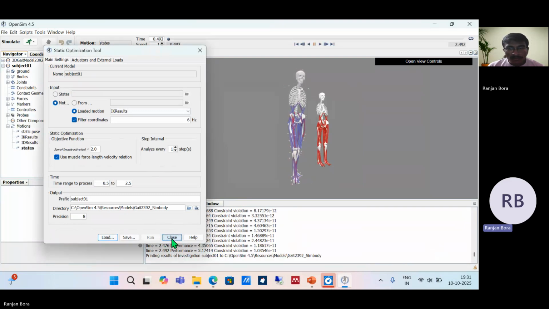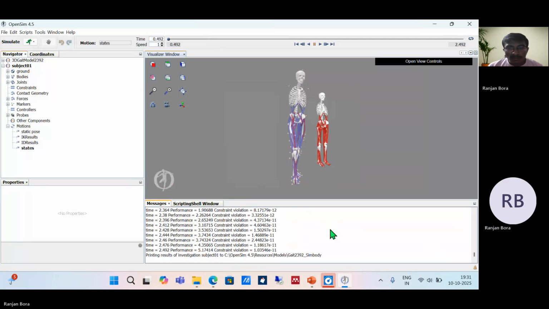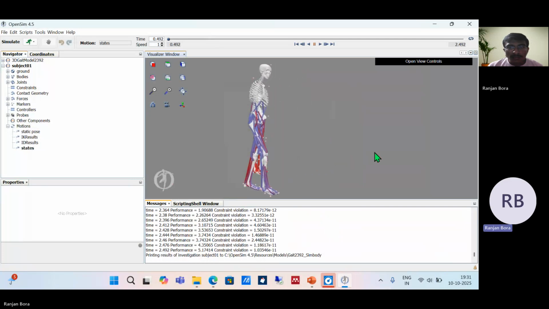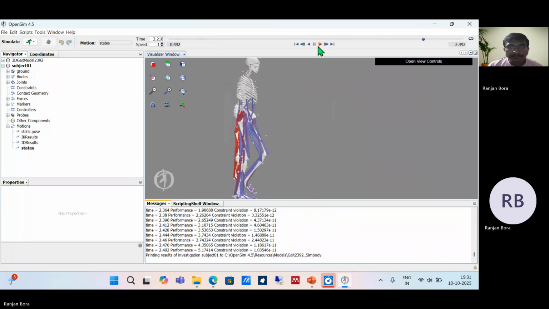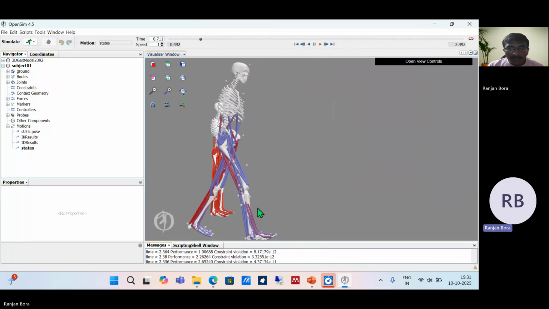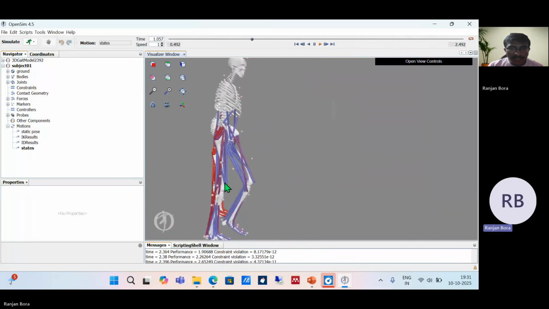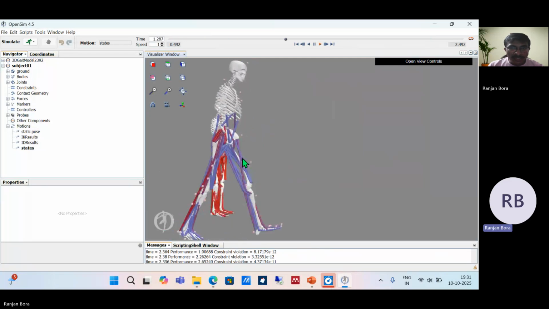So static optimization got completed, and now we can run this again. You can see while walking, there is a change in the muscle colors. Sometimes it becomes blue, sometimes it becomes red.